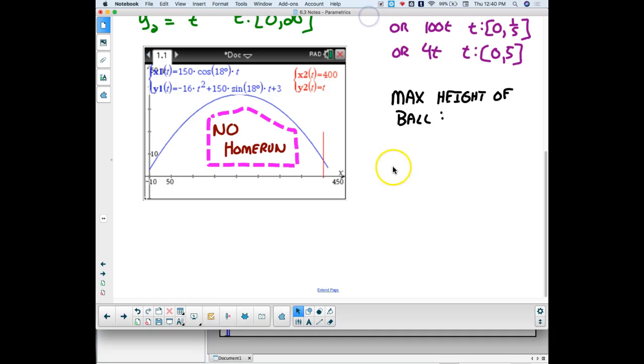The other way of doing it is using algebra.